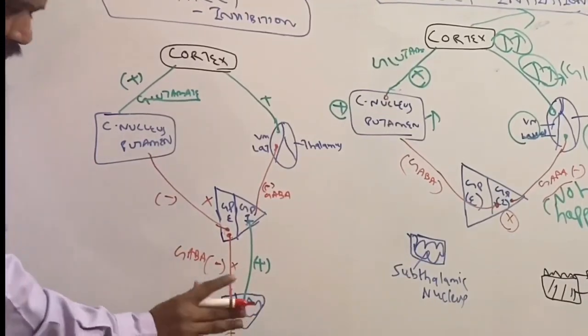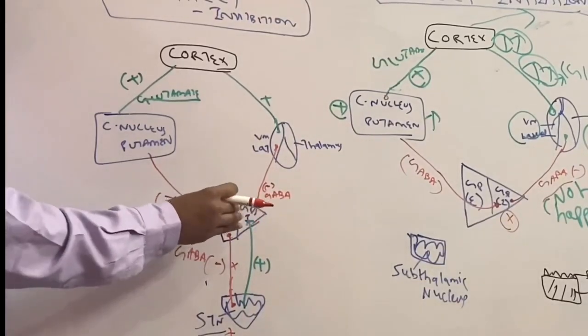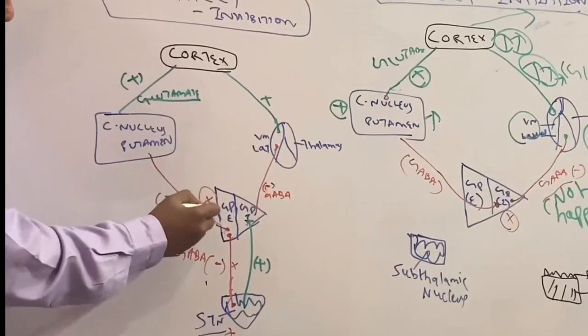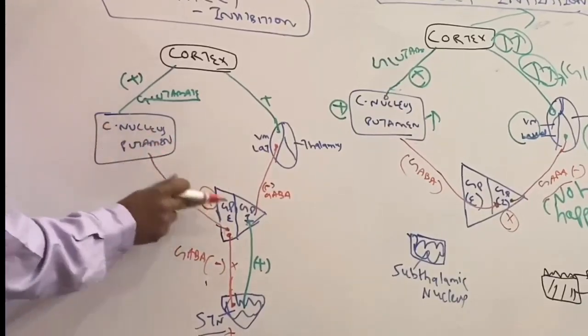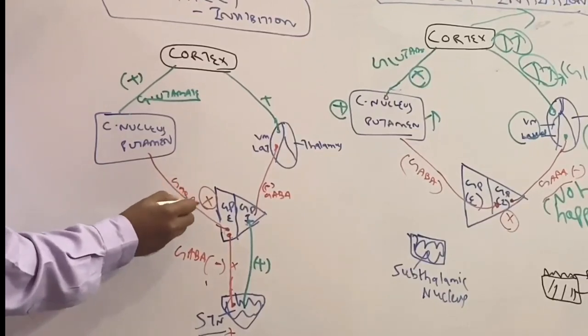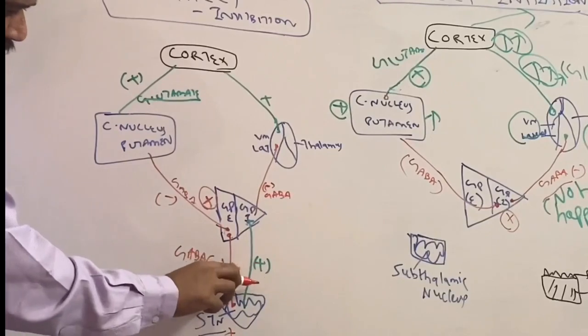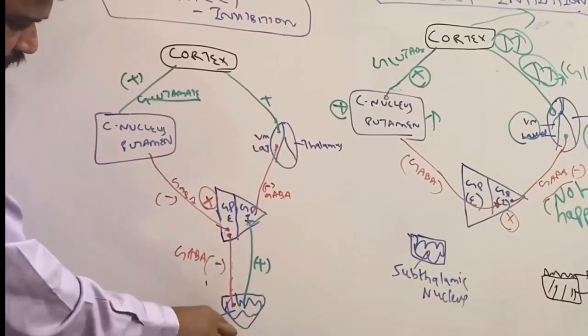But what is happening to globus pallidus externa? That itself is inhibited. See here, the caudate nucleus and putamen are sending GABA. I have marked this as inhibited, so this function will not happen.